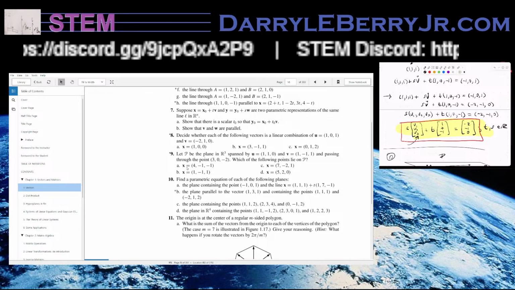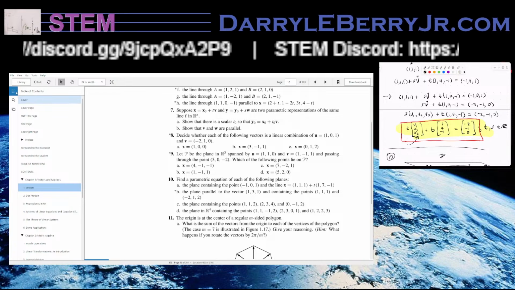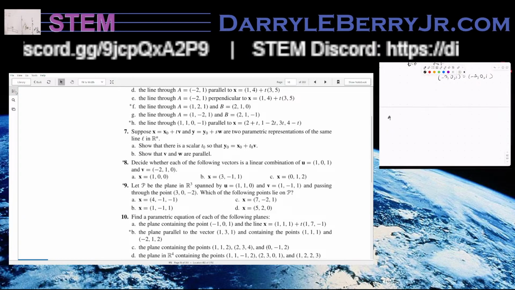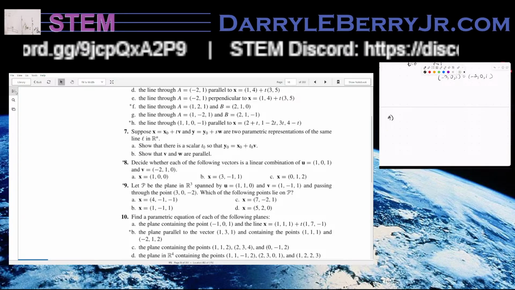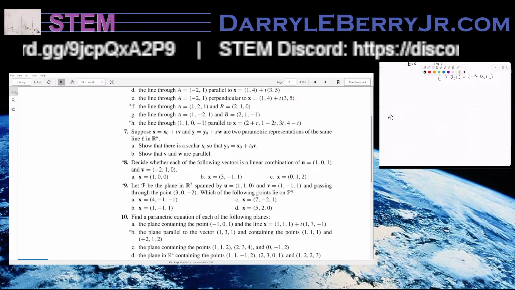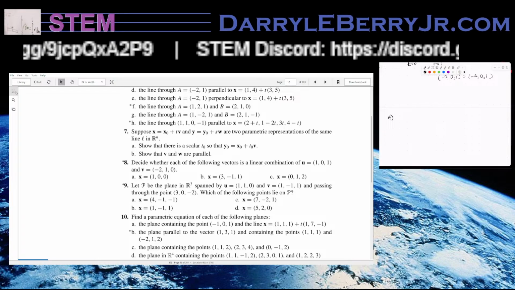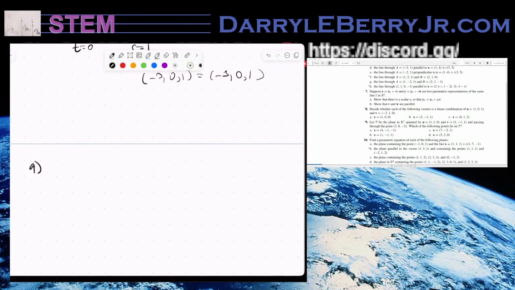So it says, let P be the plane in R3 spanned by these two vectors U and V, passing through that point. Which of the following points lie on P? So let's check this out.